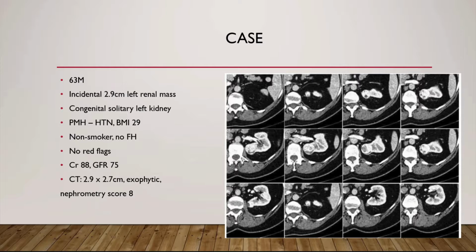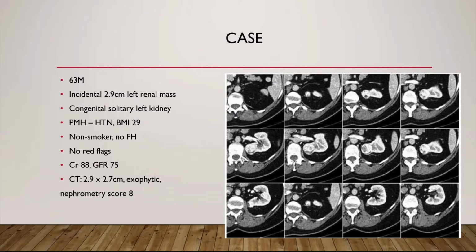So this is our case. I wanted to do a quick little poll and see what everyone's management option would be when I just present the case. But the technology is just too much for me. But maybe have a quick think in your heads. So this is a 63-year-old gentleman.